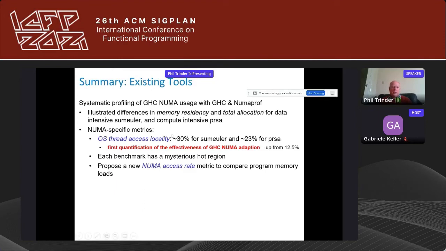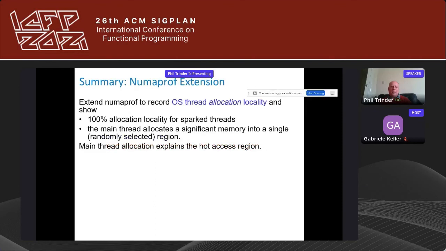We show that there is good access locality, slightly better for data intensive programs than for compute intensive programs, but we saw a mysterious hot region, and we proposed an access rate that allows us to compare the loads that different programs are placing on the memory system.